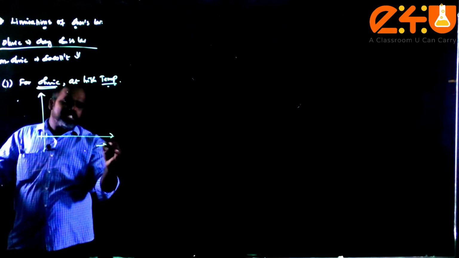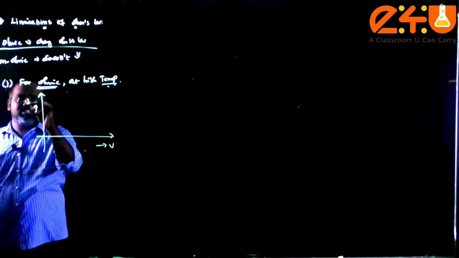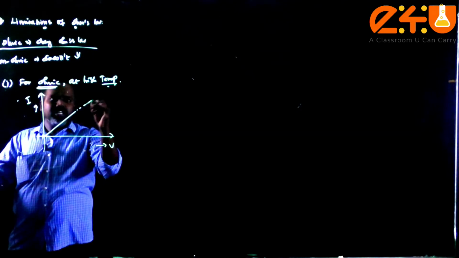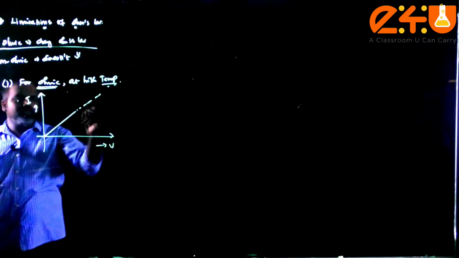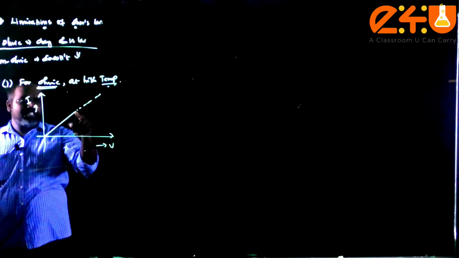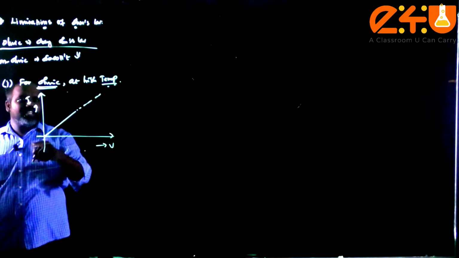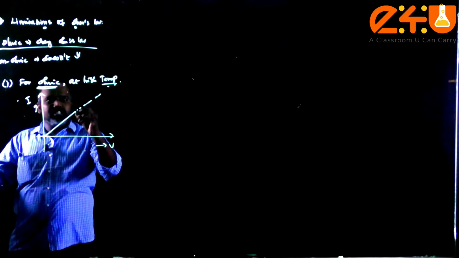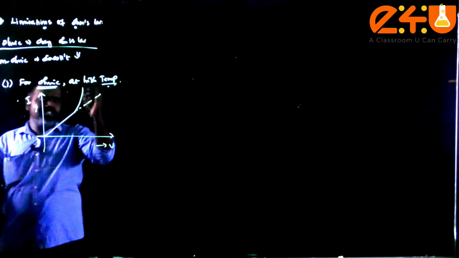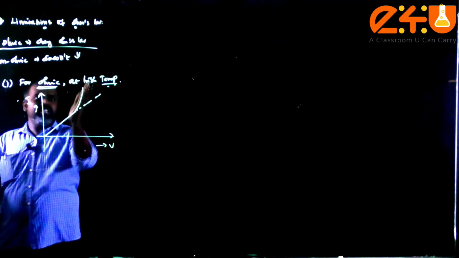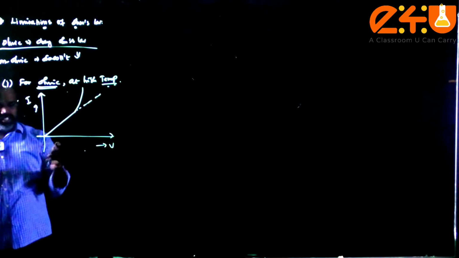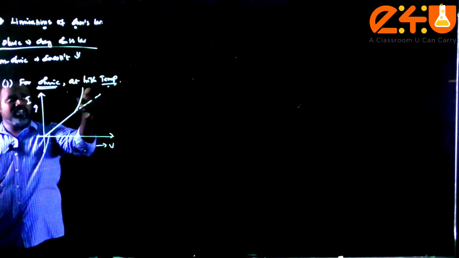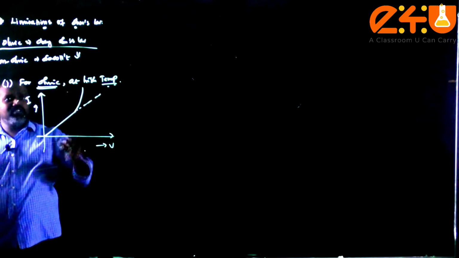For example, this is the voltage and this is the current I. This line represents direct proportionality. Up to a certain temperature, there is direct proportionality between current and voltage. But when temperature increases, the graph deviates from linear variation to non-linear variation. That is one of the limitations. Even for ohmic substances at high temperature, Ohm's law is not valid.